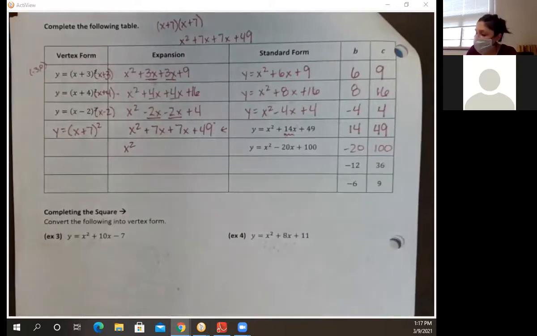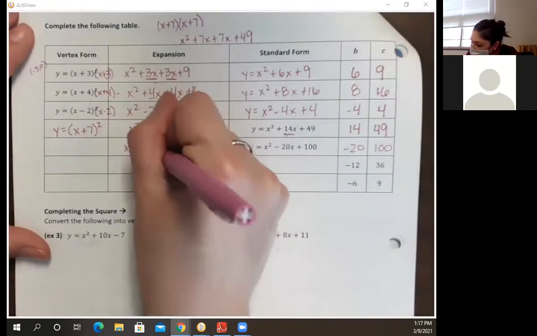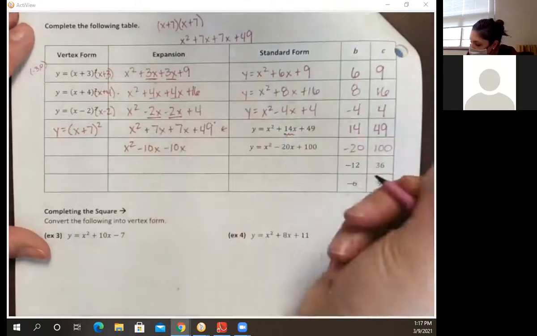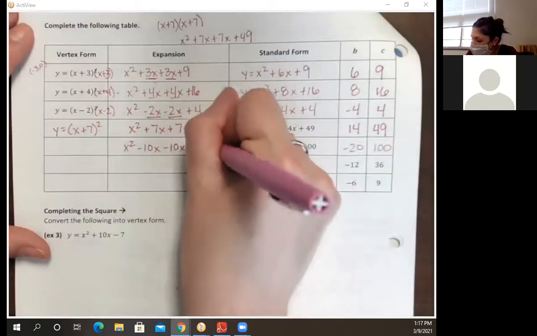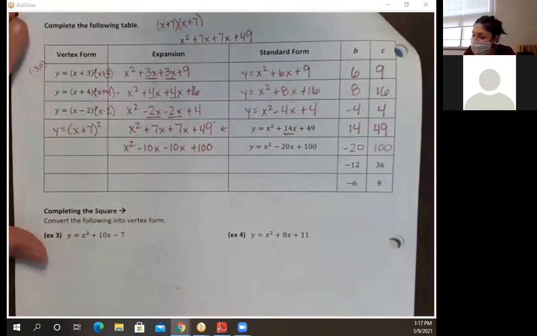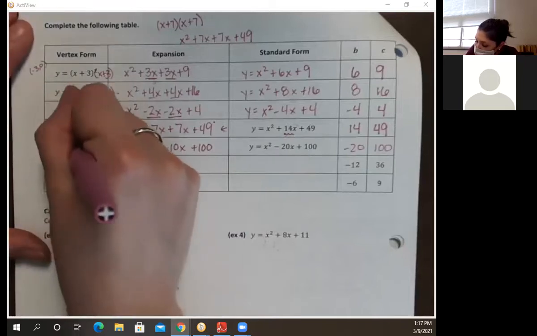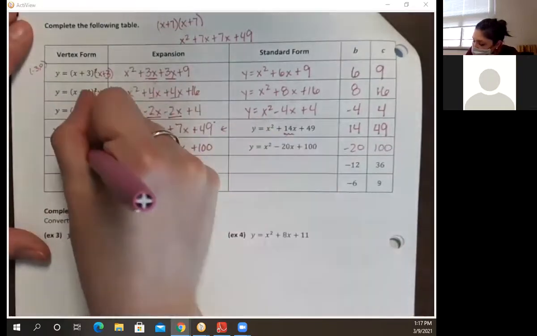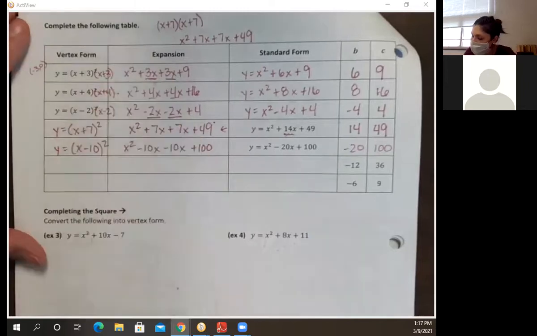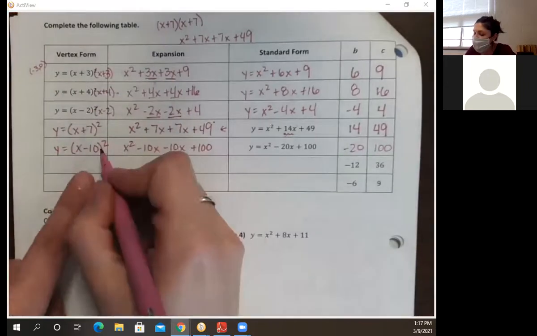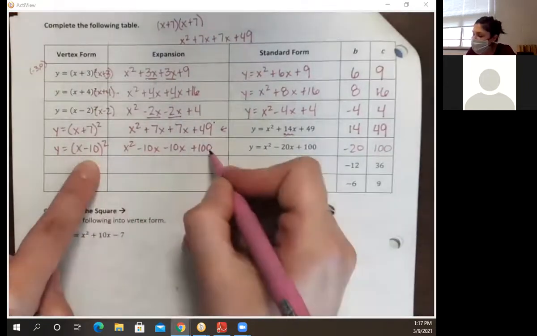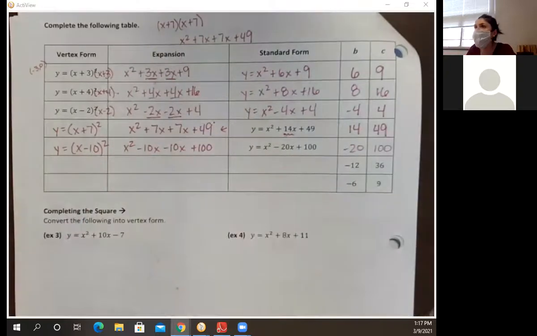To negative 10 and negative 10, two negative 10s, minus 10x plus 100. And this had to have come from x minus 10 squared. The last part we need to check is if I take negative 10 times negative 10, do I get 100? Yeah.